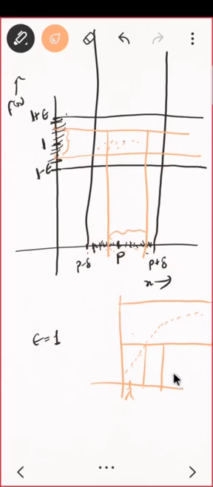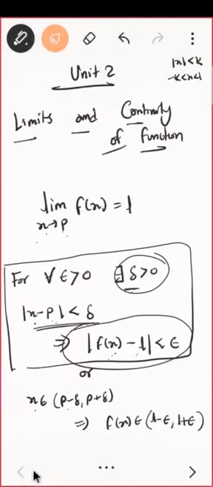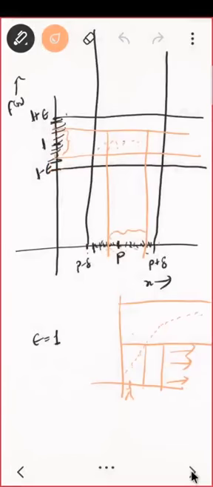Here I can go anywhere on this side, this is not bounded for me, but here I have a bound, that is p plus delta. Okay, is the definition clear? We have already discussed this, it's not new to you.